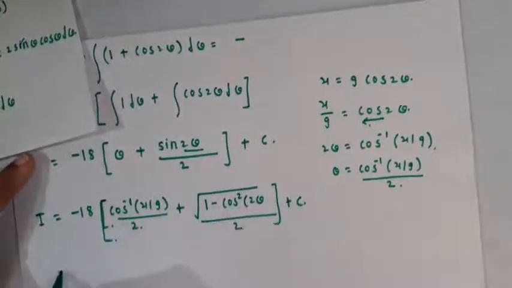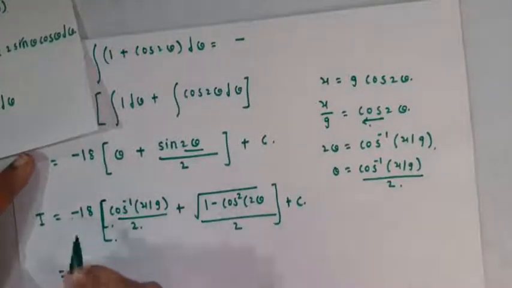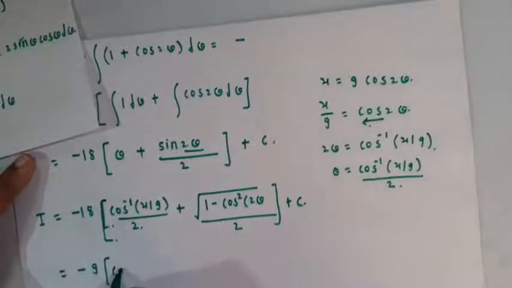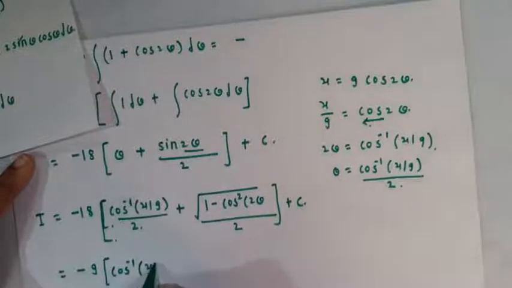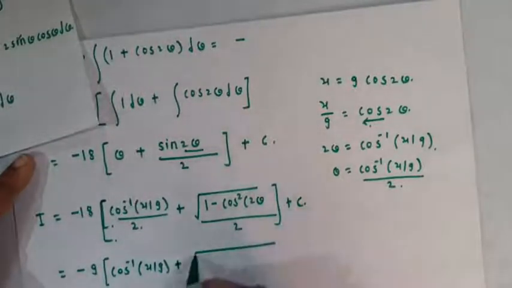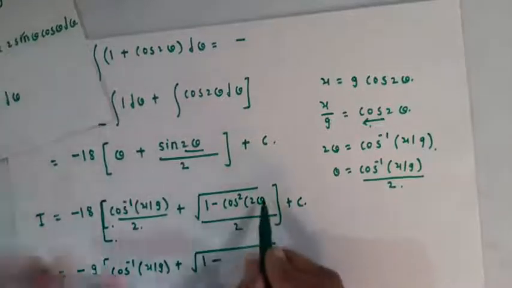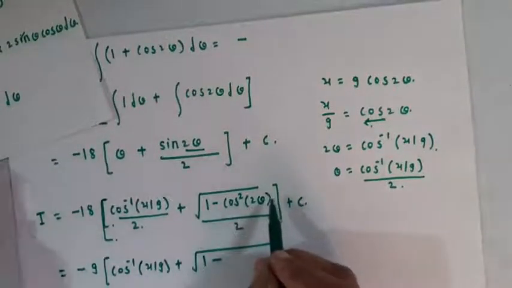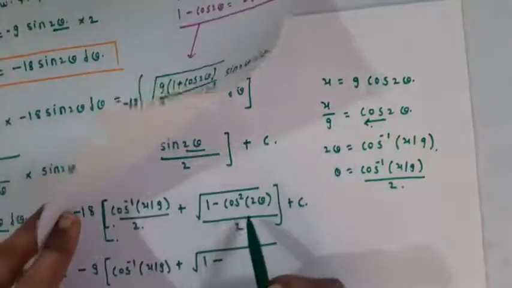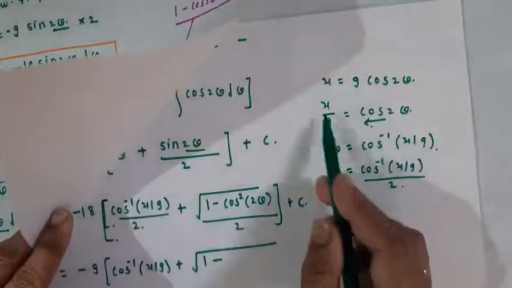Okay students, and this is equal to, common out 2, that will get cancelled, minus 9, and this is cos inverse of x by 9 plus square root of 1 minus cos square of 2 theta. Cos of 2 theta we have substituted, that is x by 9.